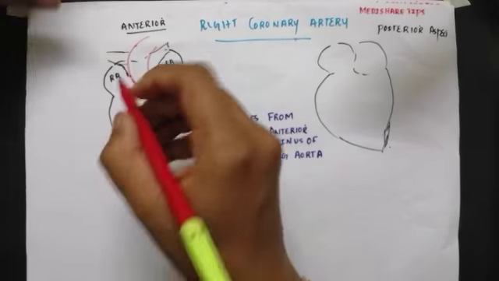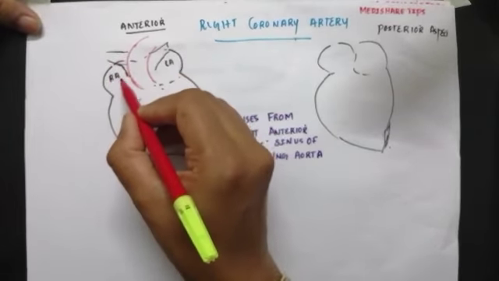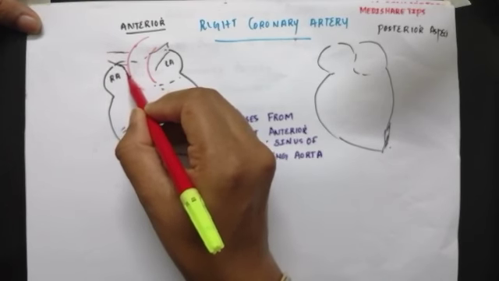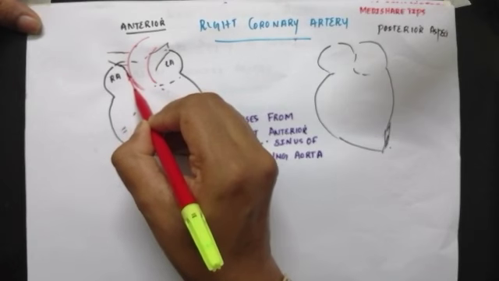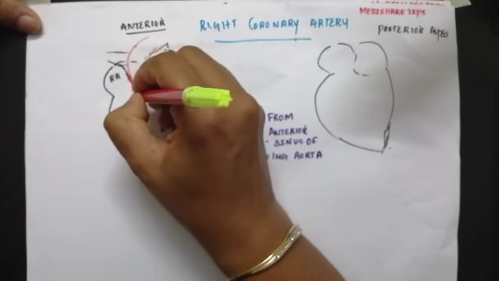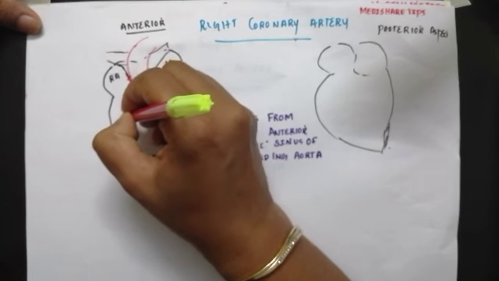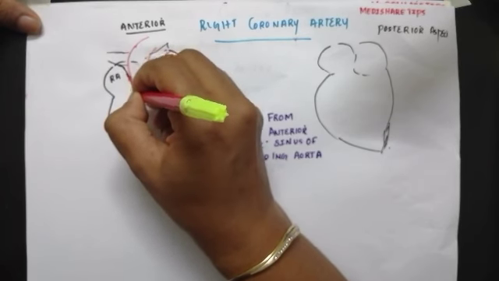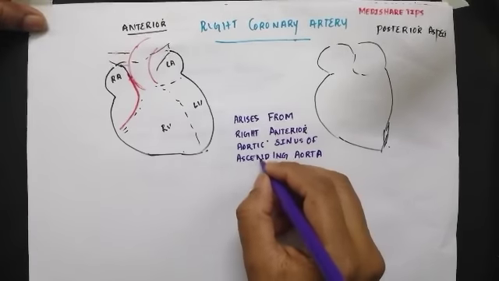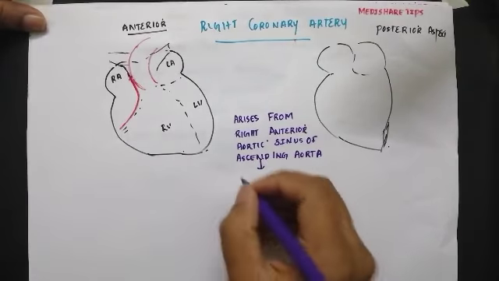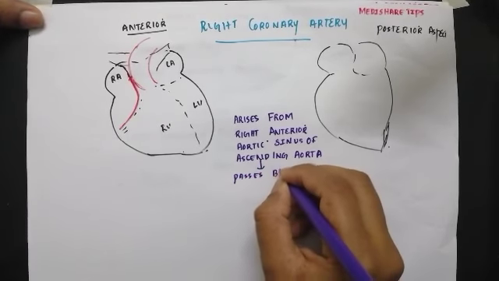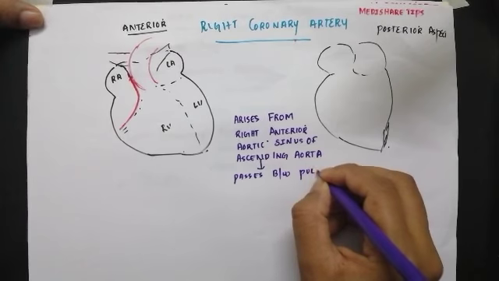Then it enters the right anterior coronary sulcus.